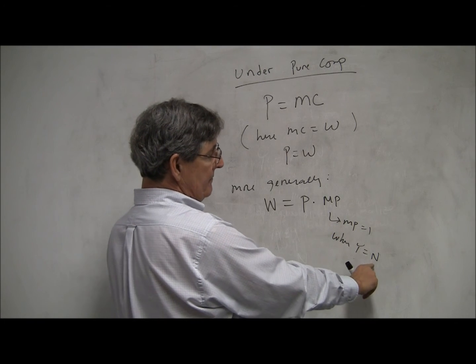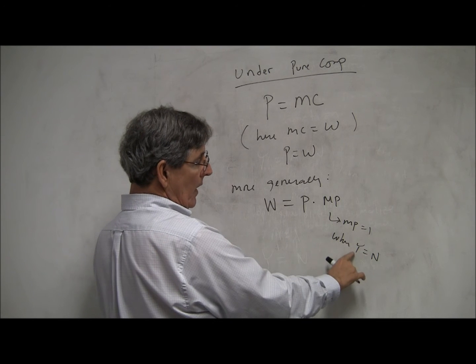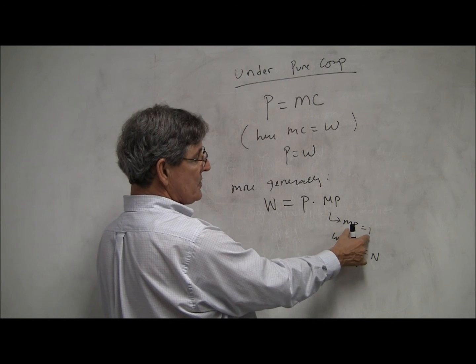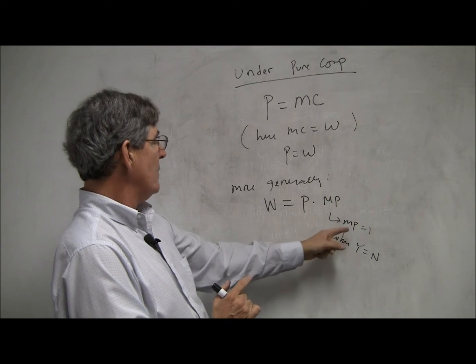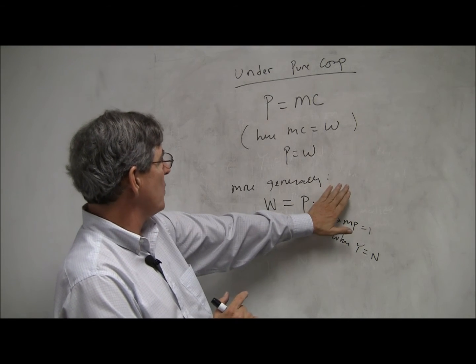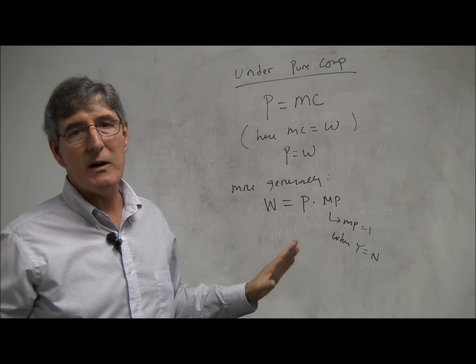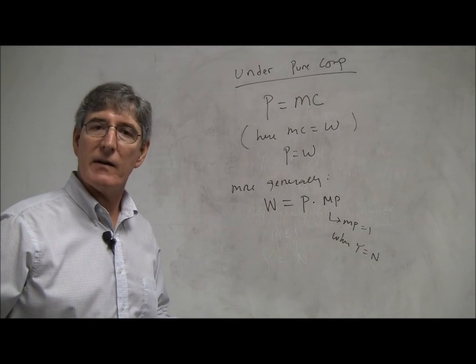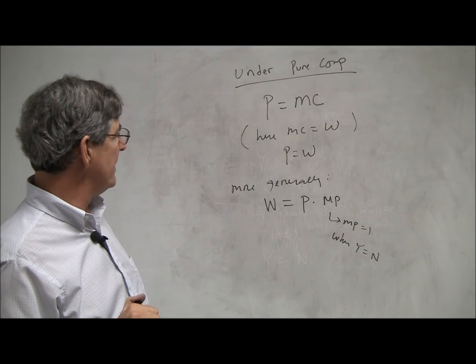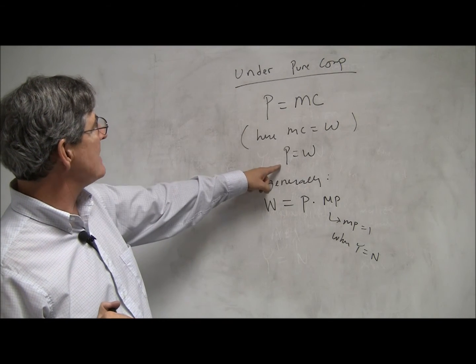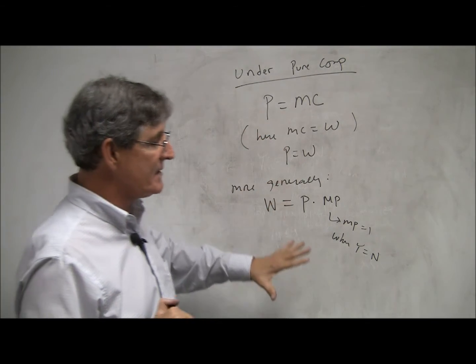If I increase N by 1, Y goes up by 1. This is the general form, but we're taking a really simple case. We don't have to worry about productivity. We're holding productivity constant until we get to the growth chapters. We'll relax that later. So price equals wage if it's pure competition.